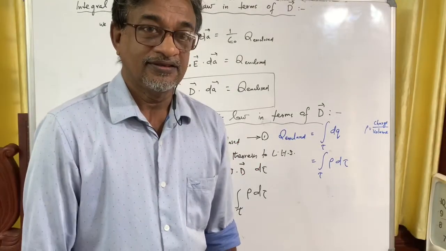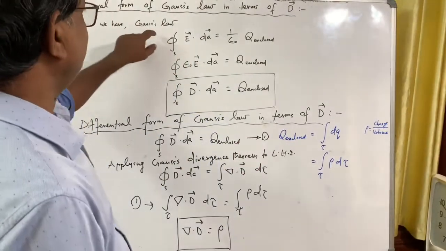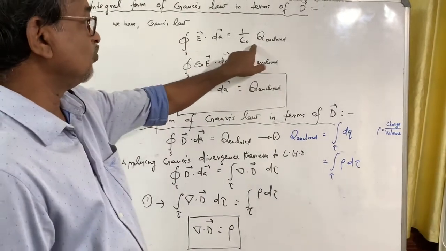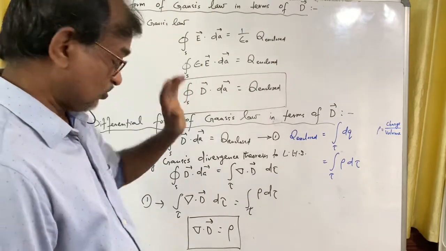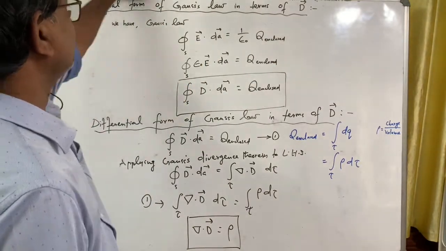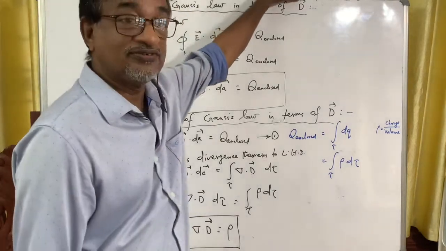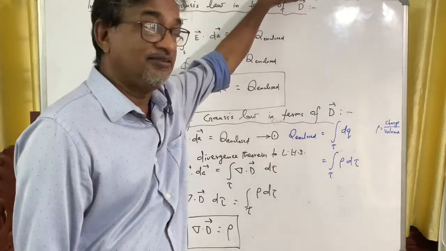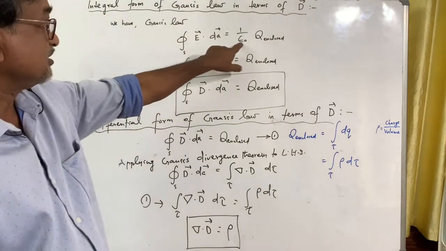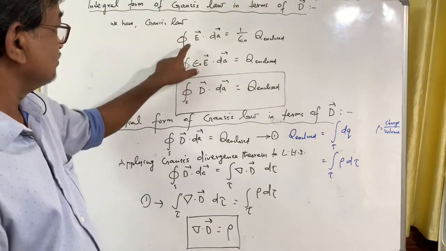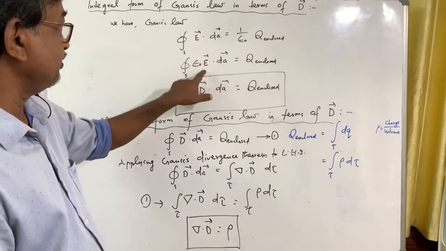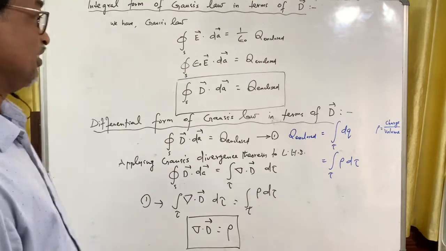The integral form of Gauss's law can be stated as surface integral E dot dA is equal to 1 by epsilon 0 Q enclosed. Now we have to find the integral form of Gauss's law in terms of the displacement vector D. We bring this epsilon 0 to the LHS, so this can be written as closed surface integral epsilon 0 E dot dA equals Q enclosed.